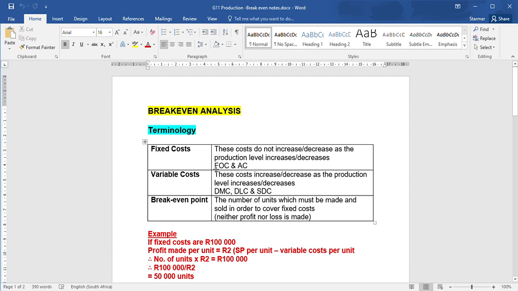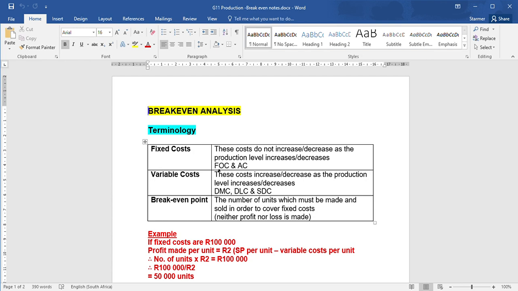And your two fixed costs here are your factory overhead costs and your admin costs. So for example, if you pay rent for the factory, you pay the same amount of rent whether you use the factory to make one product or 100 products. You have your lights on in the factory, so you pay the same electricity whether you're making one product or 100 products.